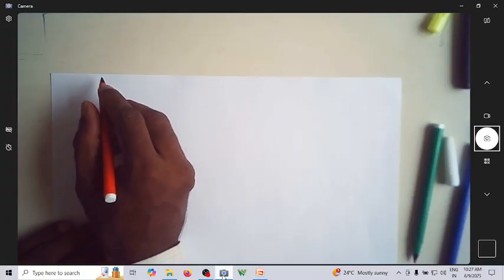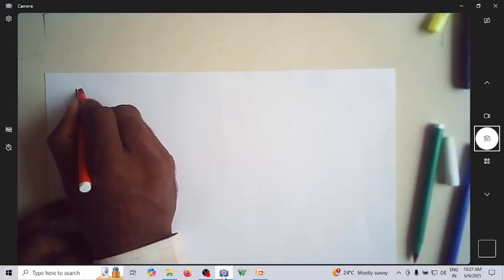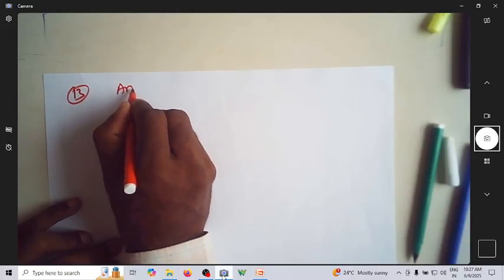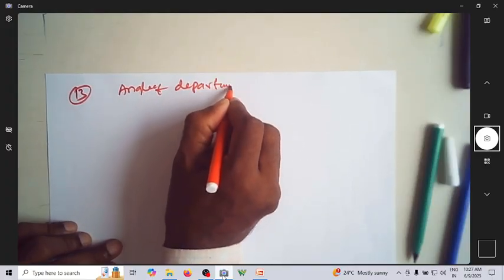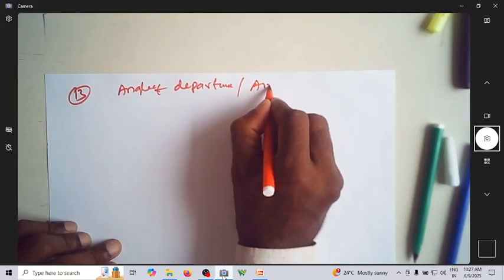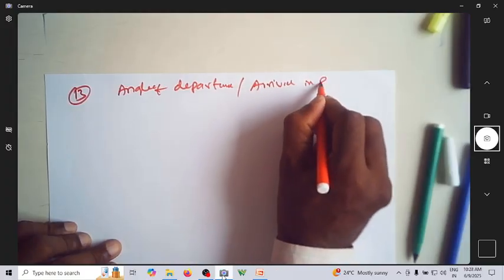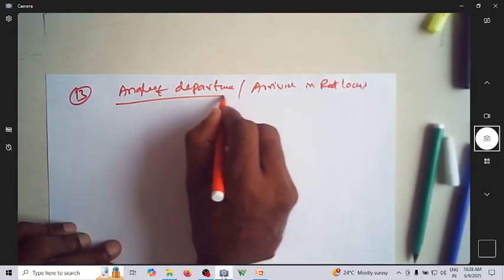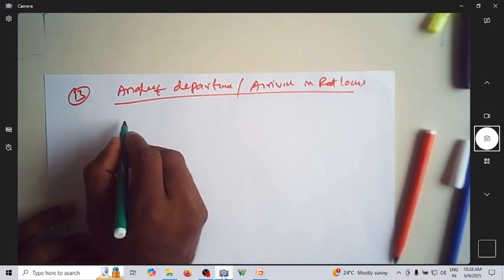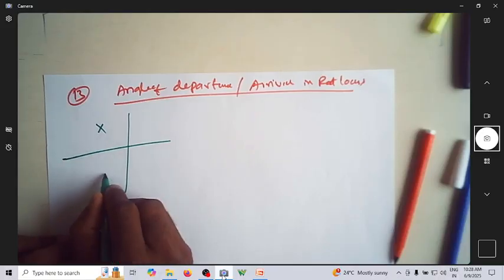Then the situation may arise where you want to know the angle of departure and angle of arrival in root locus. Assume that you have a complex pole.